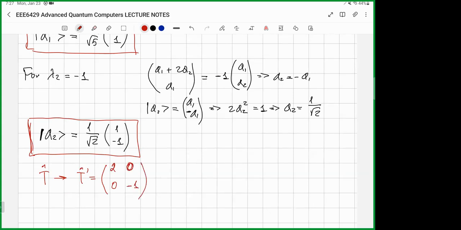So this is the same matrix, but transformed to another basis, to its eigenbasis. And in this eigenbasis, the matrix becomes orthogonal.